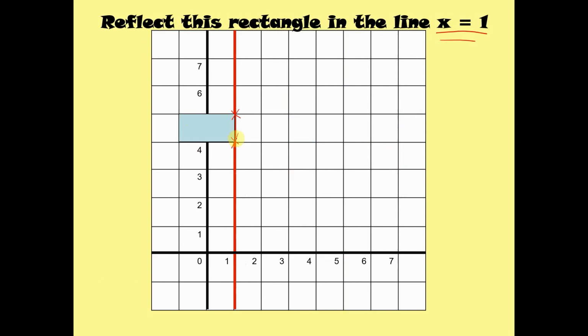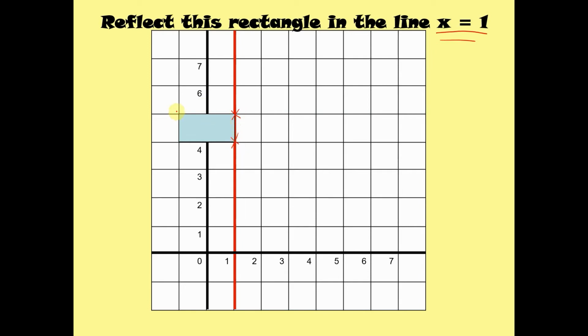Now, if you touch a mirror with your finger, you can see the image of your finger touching your finger. So here it's the same. If we have these 2 points on the line of reflection, they will remain in the same place.